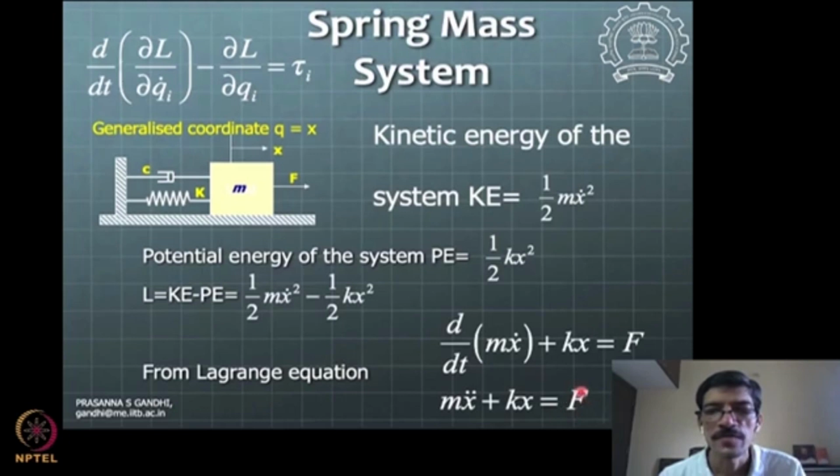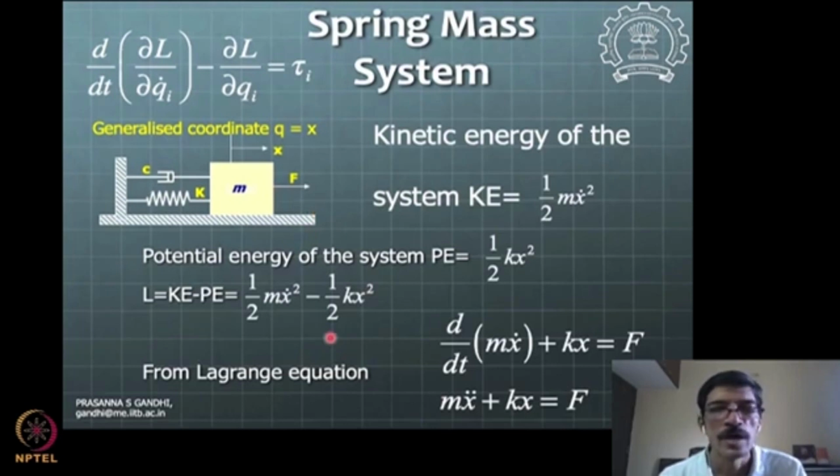In the direction of x, any other forces that exist would be bundled into this F. In addition to the external force F applied on the system, the damping C x dot can also be considered, so this F can have the value F minus C x dot. That is a generalized force that can exist on the system. Right now I have ignored the damping and just written this equation with F here.